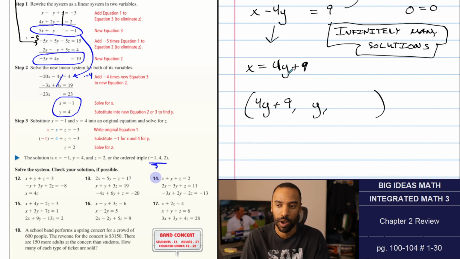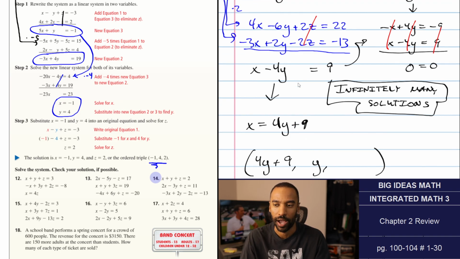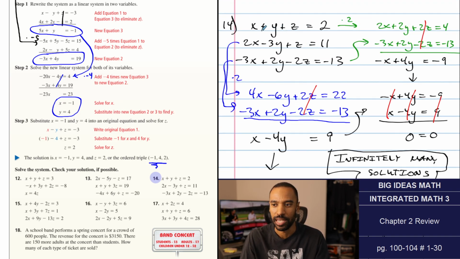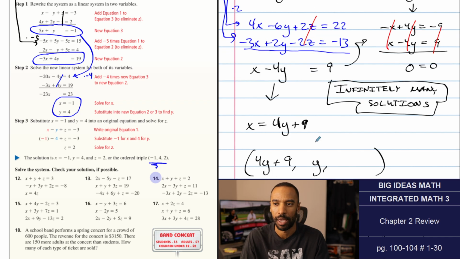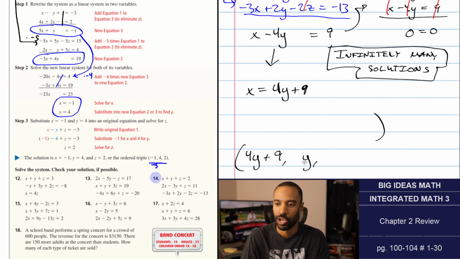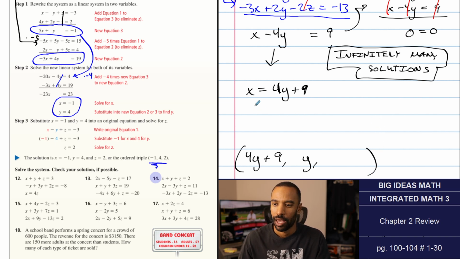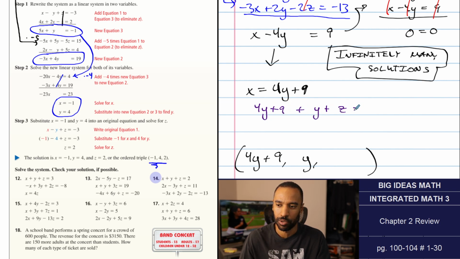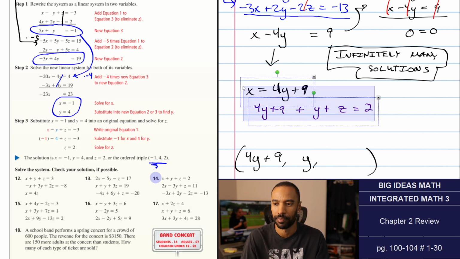I substitute 4y plus 9 for x, and y for y, into any of the equations with z, such as the top equation, x plus y plus z equals 2. We're going to solve for z in terms of y as well. It's possible the y's cancel. It doesn't look like that's the case for this problem.